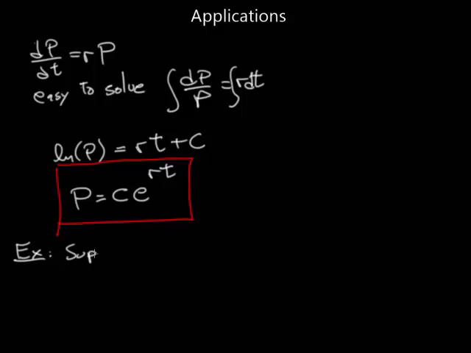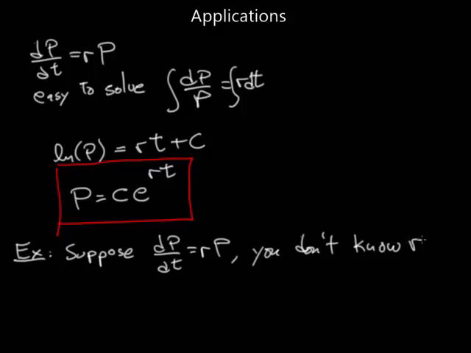So here's a very basic example of this. Suppose I told you that I had a population of something, and it satisfied this equation. And let's say, which is quite common, you don't know what this constant r is, but I'm going to tell you something, which is that every 10 days the population doubles.